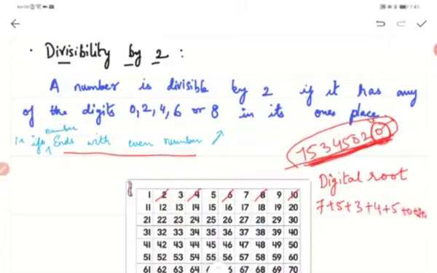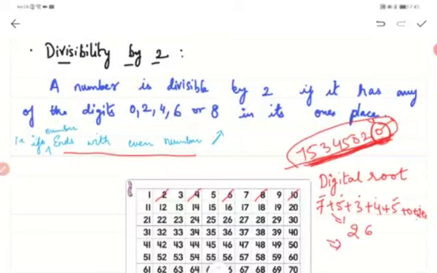Then what is the addition? 7, 10, 15, 16, 17, 18, 19, 24, 25, 26. So I got 26 by adding all these.